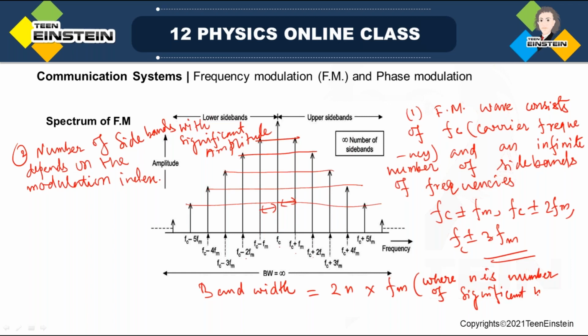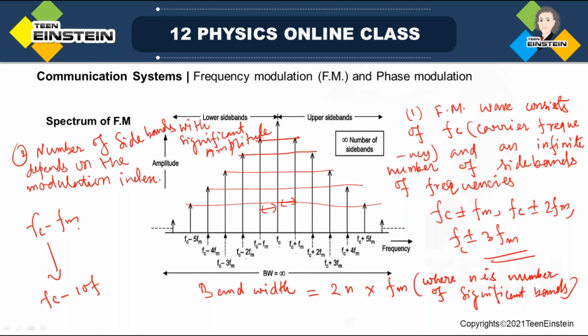Like, see, if you have 10 number of significant bands, like up to 10, then you have FC plus 10 FM, FC minus 10 FM.